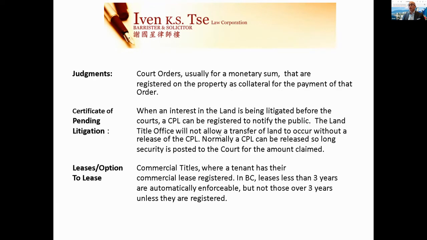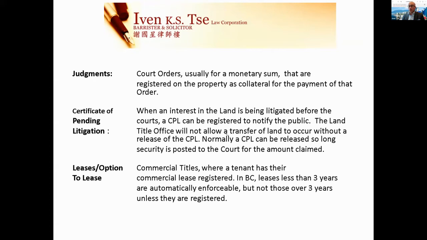A few more things. Judgments. Of course, usually judgments are financial in nature. Court orders will issue a judgment which is registered against land, and then the property will be treated as collateral for the payment of that judgment order. You might be familiar with certificates of pending litigation.